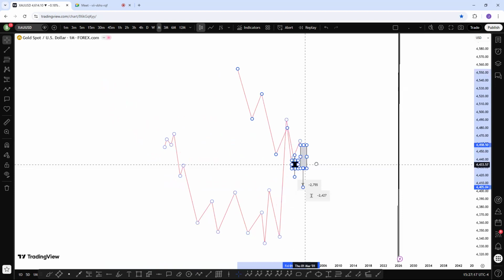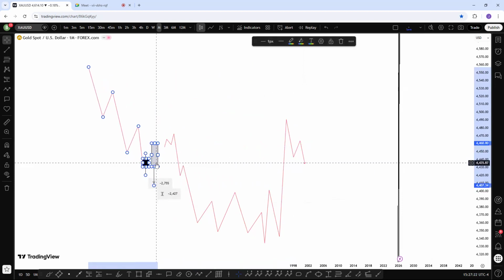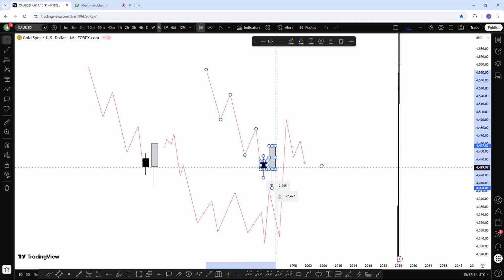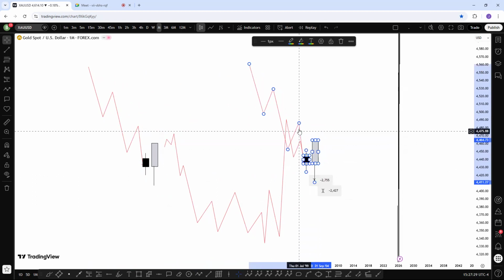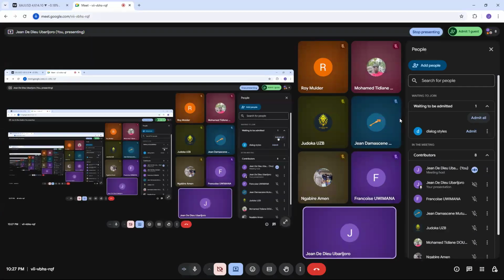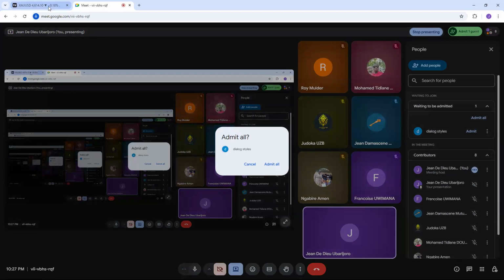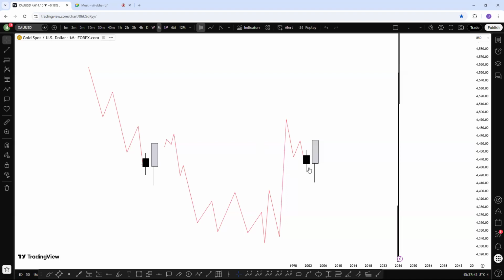Sorry guys, around here you have another manipulation forming. Now you have another manipulation, for example, forming around here. And then the chart will continue to go up.